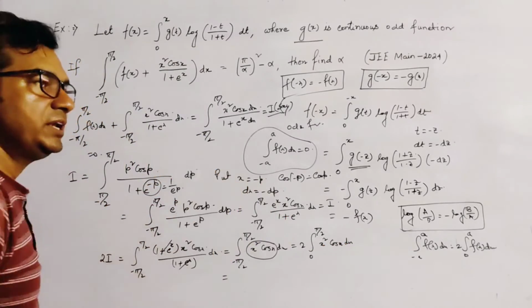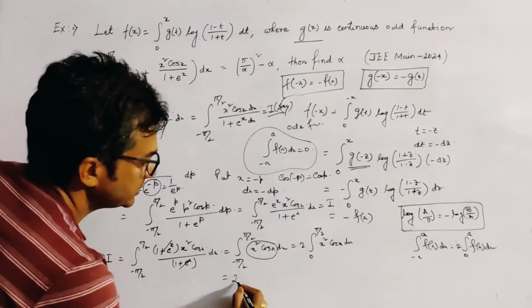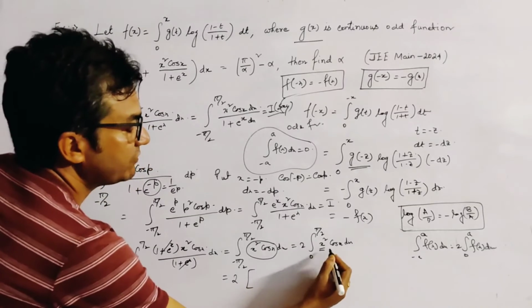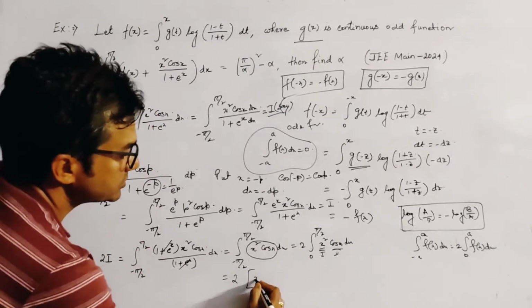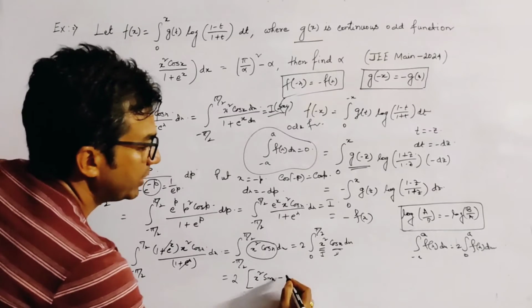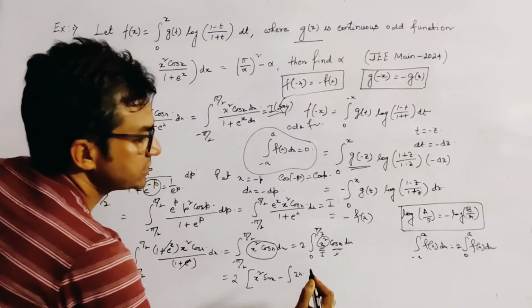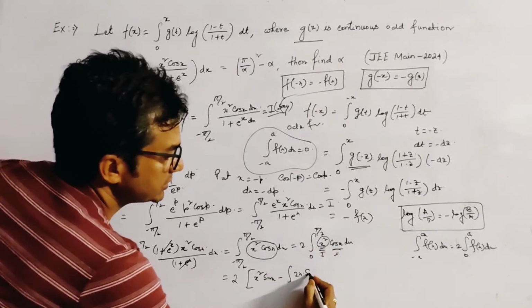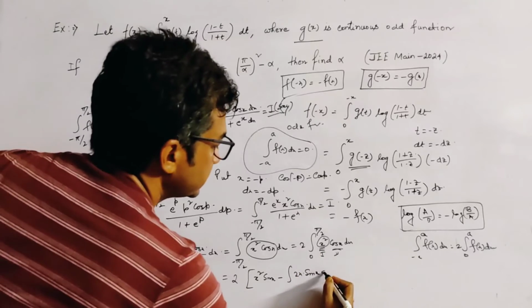Now we use the formula of integration by parts, where x square is the first function and cos x is the second function. This becomes x square into sin x minus integration of the derivative of x square, meaning 2x, times the integral of cos x, meaning sin x, dx.